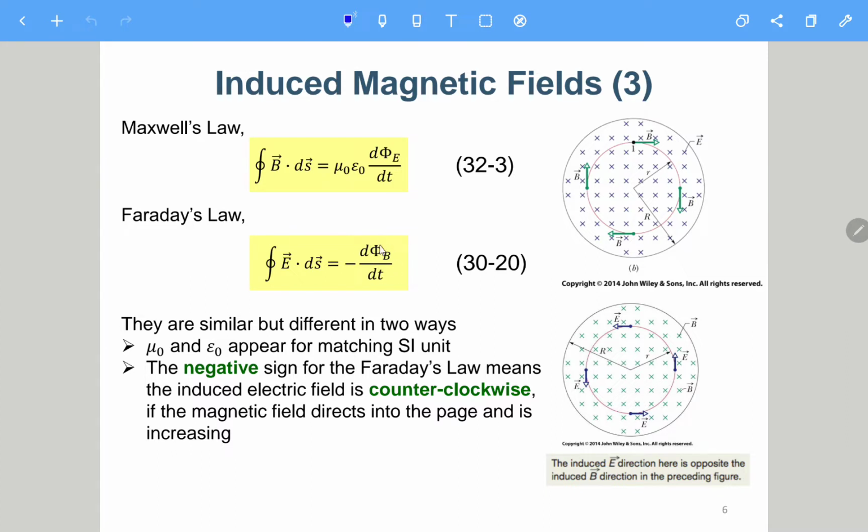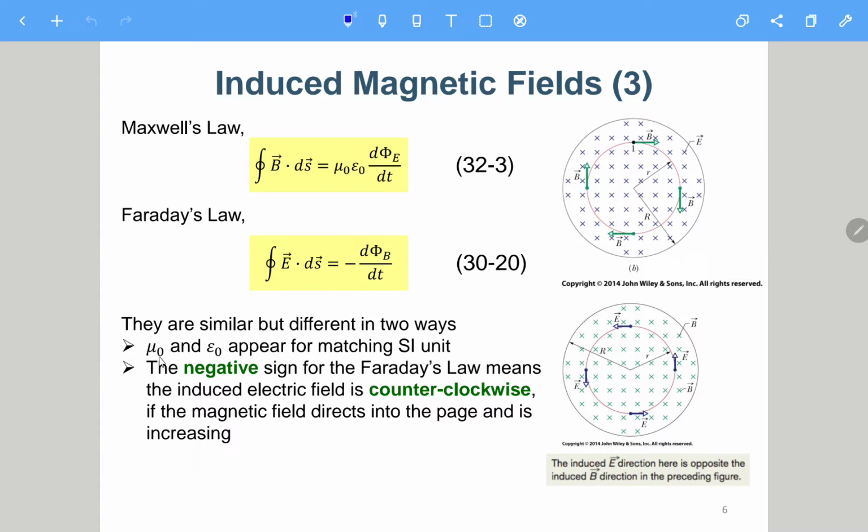It will generate an induced E field, or induced EMF. Okay, so they look quite similar, but there are some differences. So they are similar but different in two ways.